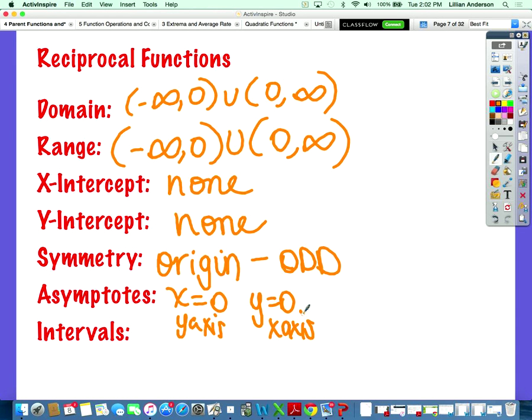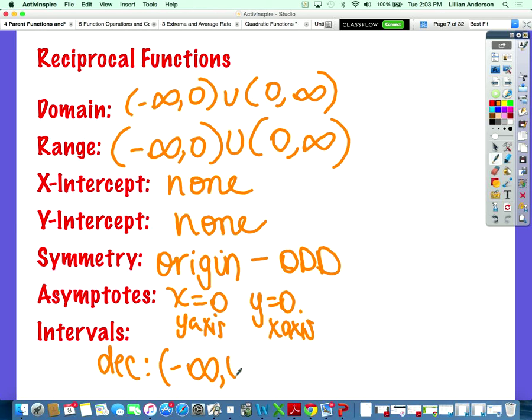Lastly, intervals. I'm talking about where I am increasing or decreasing. Look at that graph, reading from left to right. What's happening from left to right? Decreasing. From where to where? Careful.